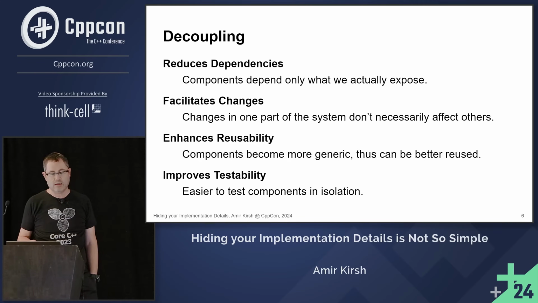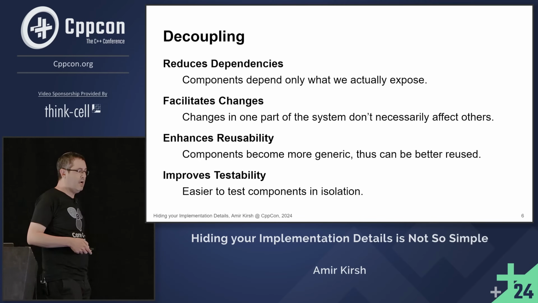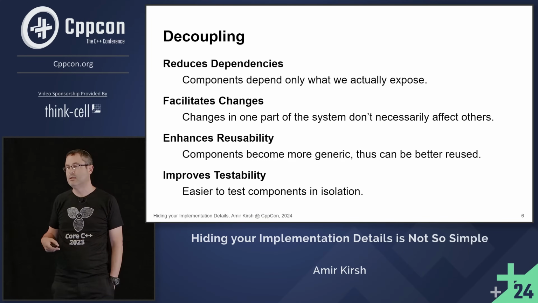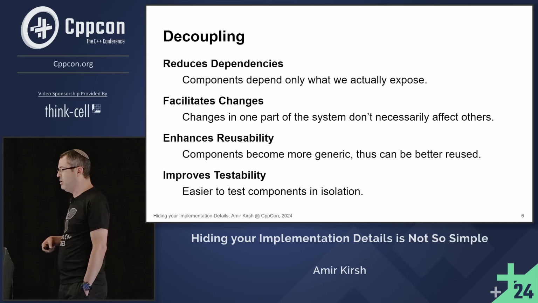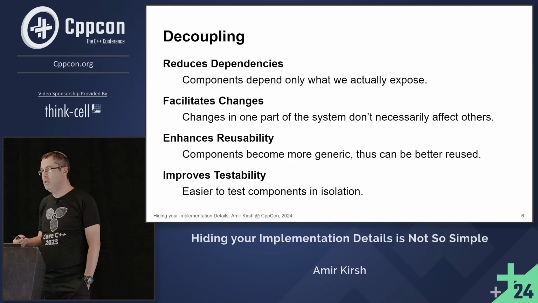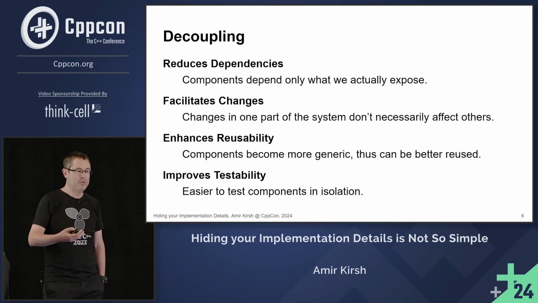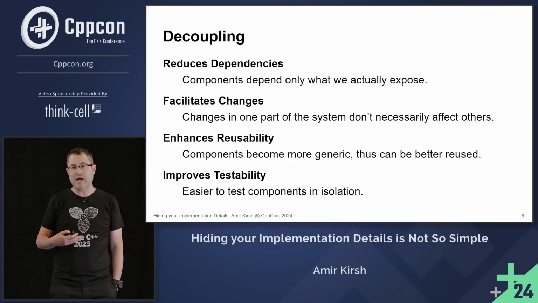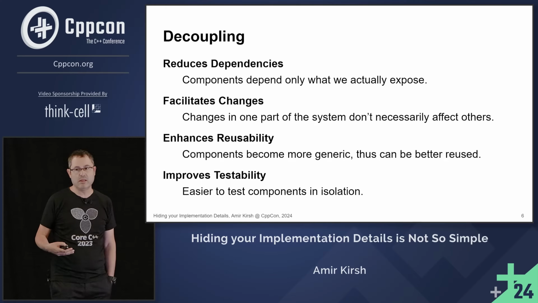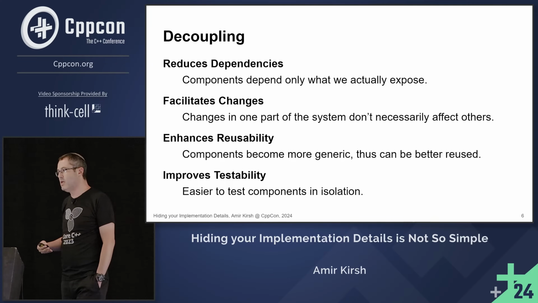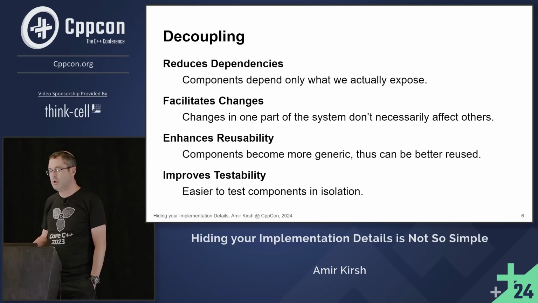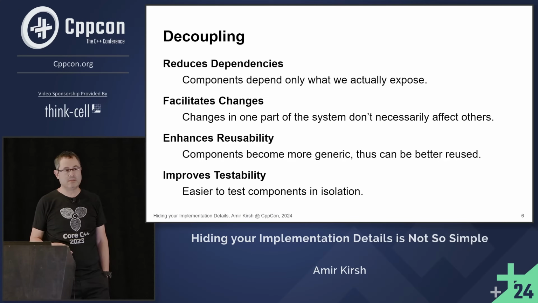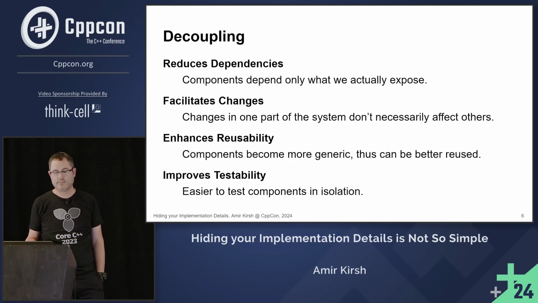It also goes with decoupling, because once you hide things and you expose only the actual things that the other side needs, then you decouple the caller from the implementation. All the unnecessary details are not exposed and thus cannot be used, and thus are decoupled from the actual use. So it reduces dependencies. I'm not dependent on something that I do not expose.